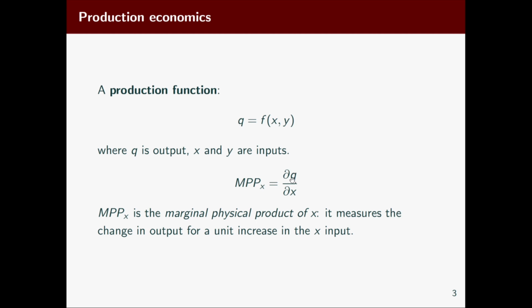If you take the derivative of Q with respect to x, you get your marginal physical product of x. So this production function is a function of two inputs, x and y. That means we will be able to calculate a marginal physical product of x and a marginal physical product of y. And all that is doing is measuring the change in output for a unit increase in whatever input we're talking about. Okay.